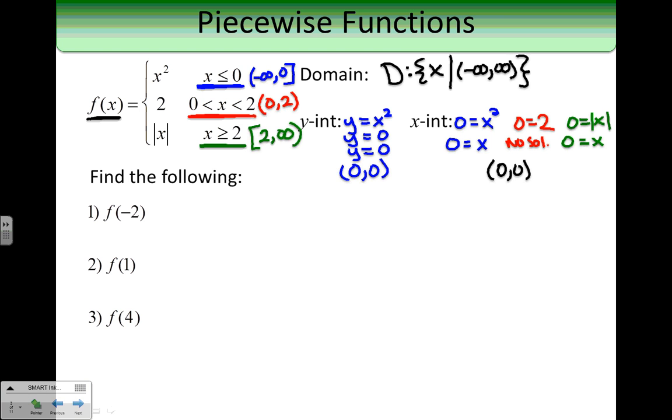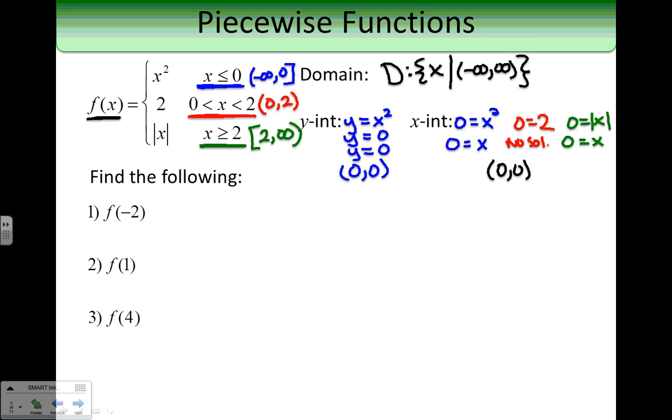All right, the next thing we are going to do is find the following using the piecewise function: f of -2, f of 1, and f of 4. This is very similar to finding the x-intercepts. In this case, f of -2.